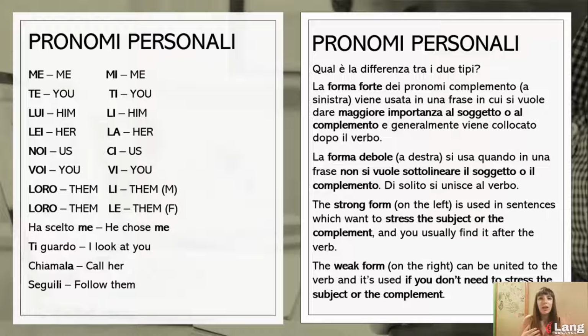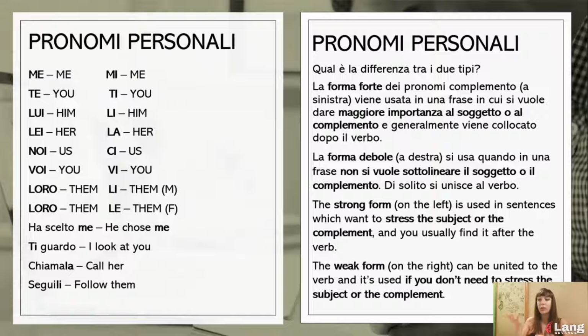And how do I say let's call her? Okay, now we are going to learn this part. So attention, we have two ways, two types of pronomi complemento. One type is called forma forte, in English the strong form, and the other one is called forma debole, in English weak form.